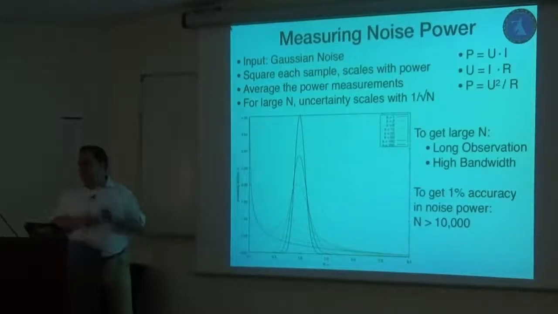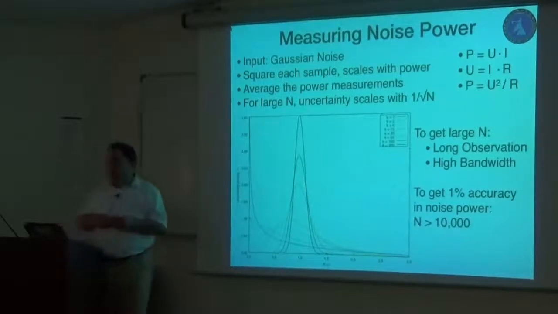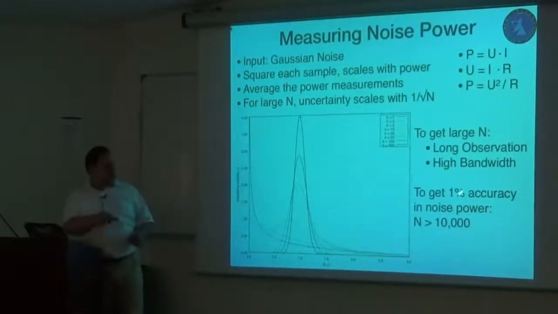So you only get 10,000 samples per second. And if you want, say, 10,000 measurements, because the square root of that would be 1% accuracy, that will already take 1 second just to get a 1% accuracy in your power measurement in your FFT. And that is if everything works perfectly, if your FFT itself is working well.